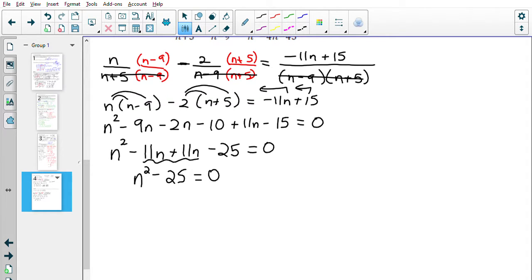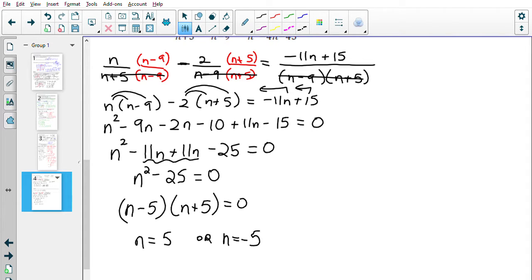This is a difference of squares, so that would factor into n minus 5 and n plus 5. And so you have two potential solutions, n equals 5 or n equals negative 5.